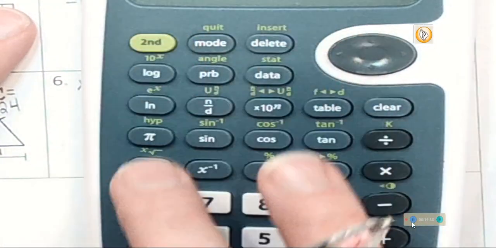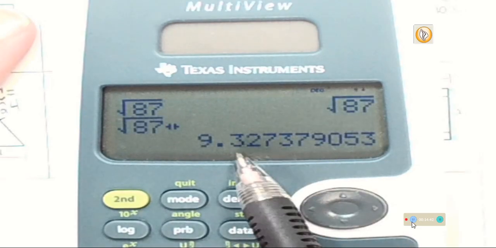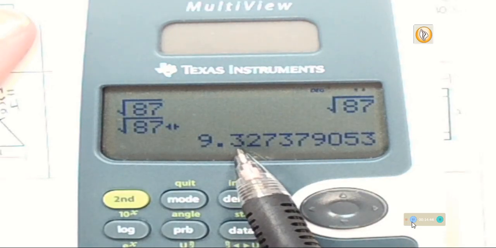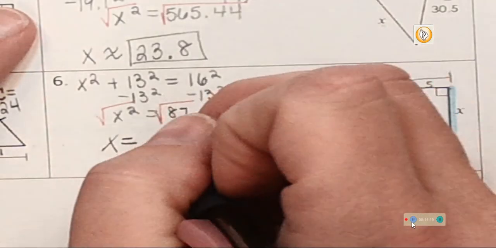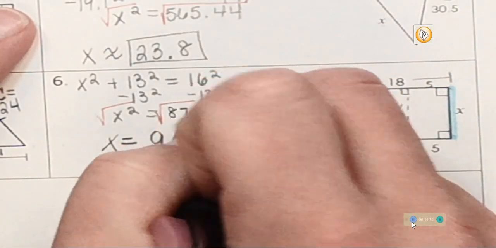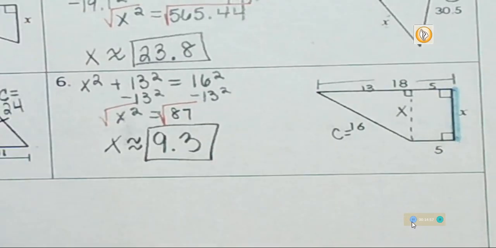The square root of 87 turned into a decimal. I need the tenths place. So 3 is in the tenths place. What is the 2 going to do to the 3? Nothing. 9.3. And I'm going to change this equal to approximate because I did round it and I don't want anybody to think that's exactly what it is.